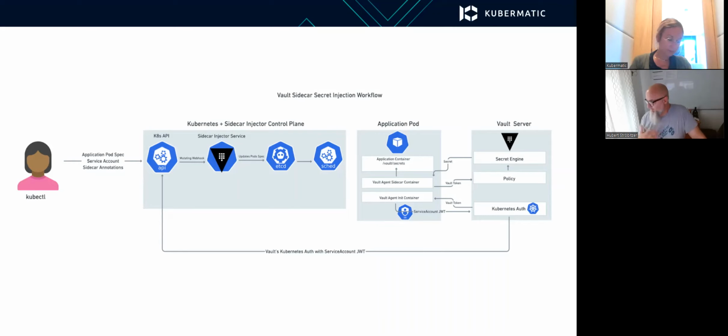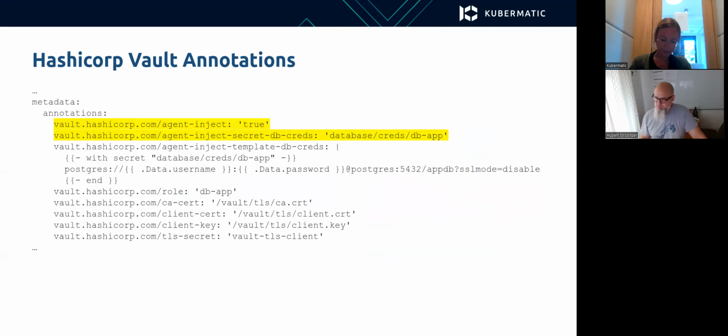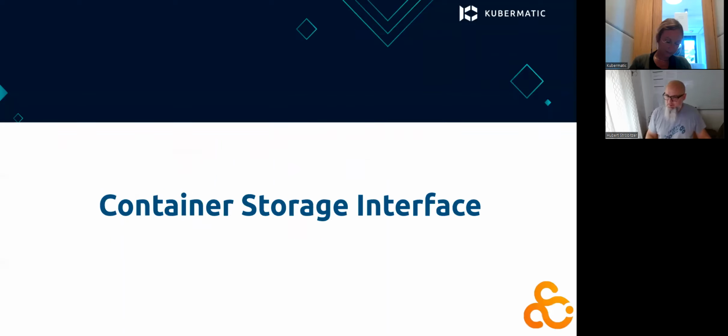And so in the end, the secrets are not stored anymore in etcd. You have to add some annotations if you go that way. So yeah, this is annotation based. There are a lot of annotations here.